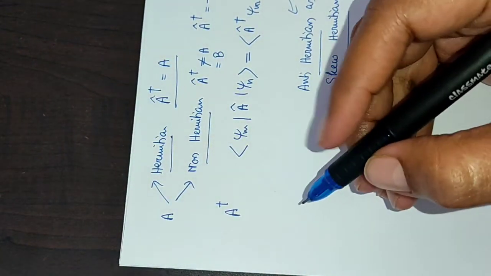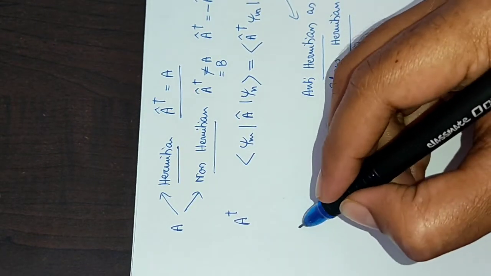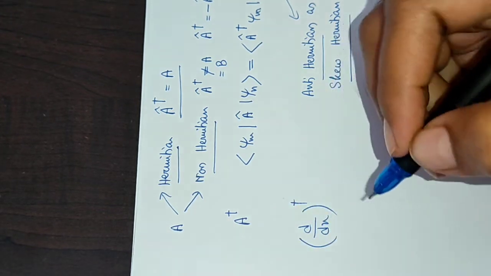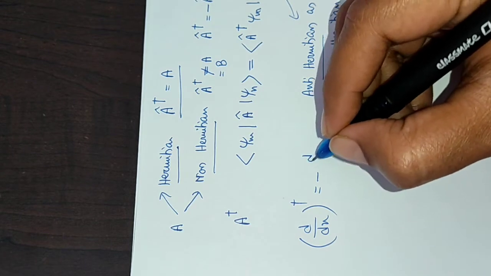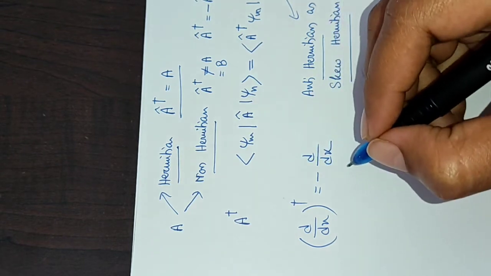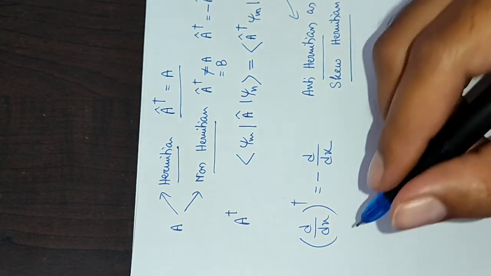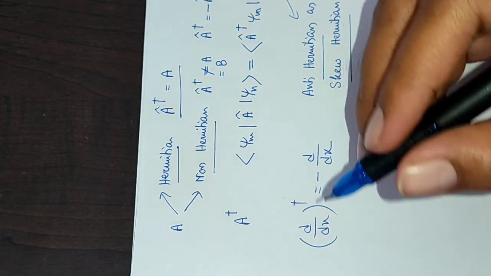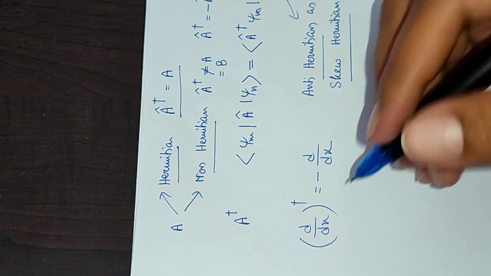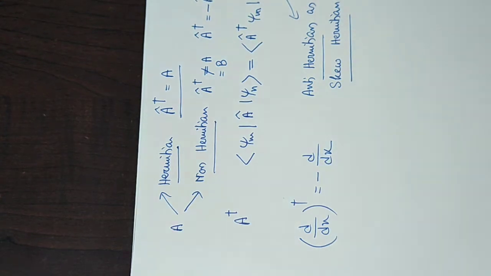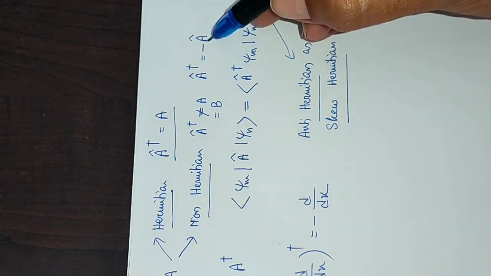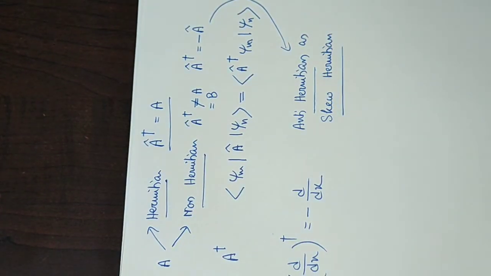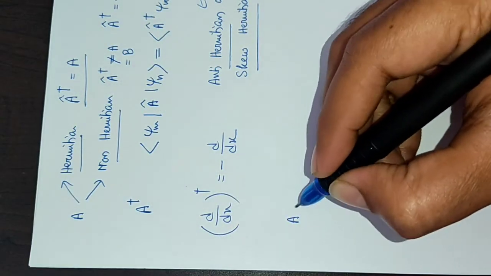What we have obtained in the previous example is (d/dx)† equals minus d/dx. So minus d/dx is the Hermitian conjugate of the operator d/dx. Since a negative is coming here, it is following this criteria, and d/dx is said to be anti-Hermitian or skew-Hermitian.